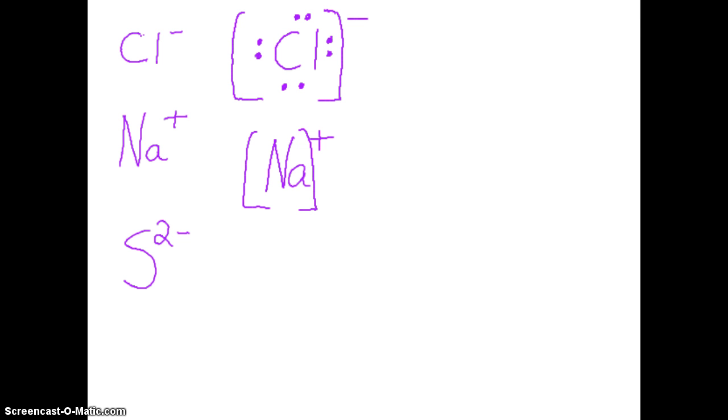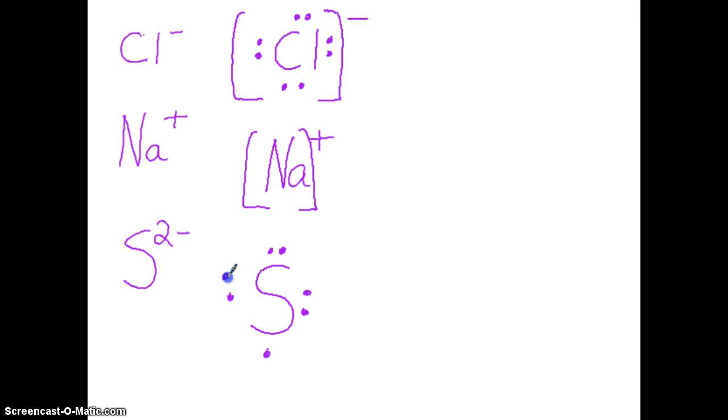All right. So what about our last example, sulfur? Normally for a sulfur atom, I have 6 electrons because it's in the 6th group. 1, 2, 3, 4, 5, 6. But sulfur forms a -2 ion, the sulfide ion, so it gets 2 more electrons.